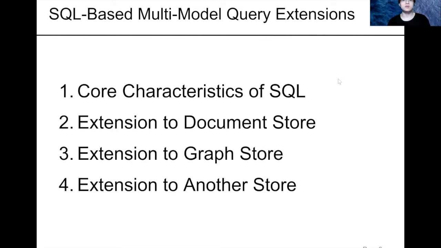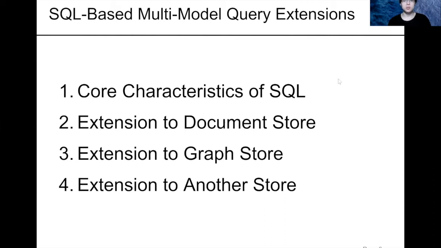You can find almost all kinds of multimodal query languages extended from SQL that support a relational data model and another data model. As I only have 30 minutes to introduce this to you, I will first briefly introduce the core characteristics of SQL and explain why we call a database query language a SQL-based extension and why we need them.